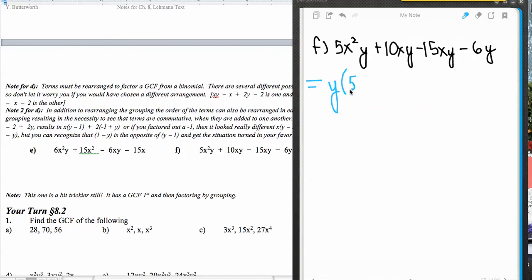So we have 5 and then x squared, plus 10 and that's an x, minus 15 and that's just an x, and then minus just a 6.